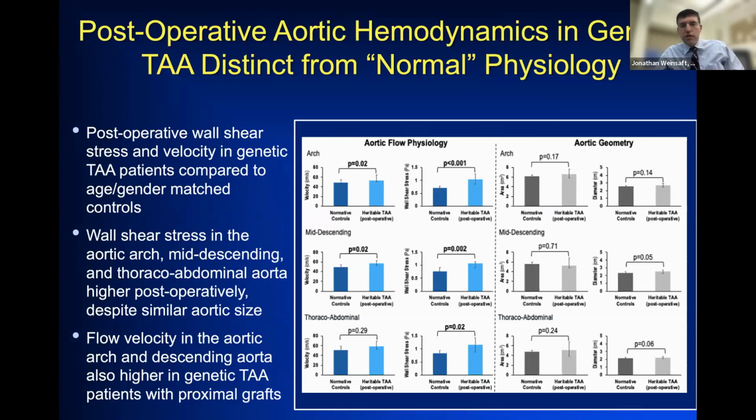So it's not as if the surgery, the proximal grafting, is restoring normative downstream aortic physiology. Really what we're looking at is a whole new set of native downstream physiology, a whole new construct that is altered intrinsically by the proximal graft in and of itself.